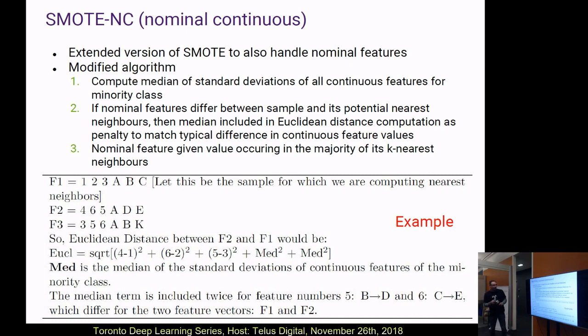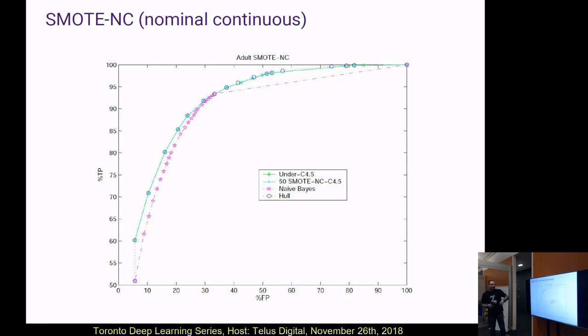Okay, so this is SMOTE for both nominal and continuous. They also suggest, I forgot that I had this. One of their data sets, as I mentioned earlier in the talk, had both nominal and continuous features. So they're just showing here, again, this ROC curve on the performance.